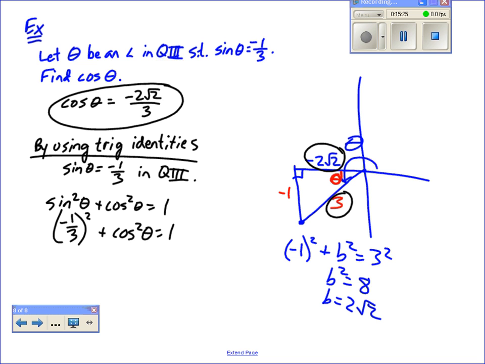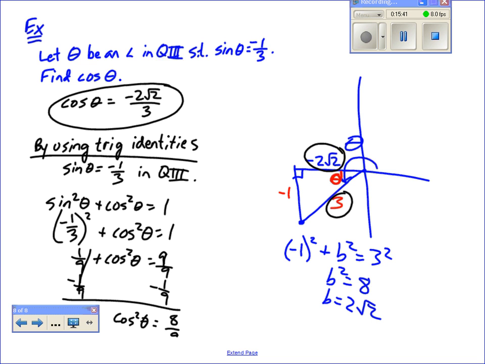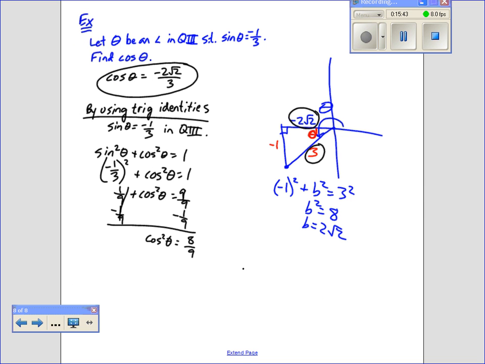And then I finish this, 1/9 plus cosine squared theta is 1. I subtract 1/9 both sides. Of course, this is 9/9, same thing as 1. Subtract 1/9. So cosine squared theta equals 8/9. Square root.